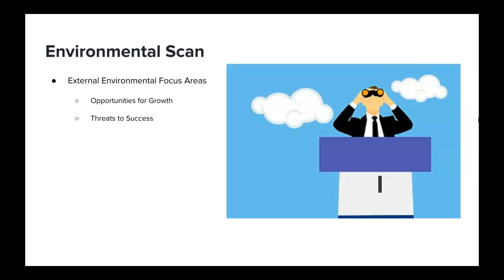But the biggest thing that we want to focus on whenever we're looking at those stakeholders outside of the school district with the external environment is what are our opportunities for growth? Where are areas where we can expand and do better? And then what are some of those threats to success? What are those roadblocks that might impede us from achieving those opportunities for growth?